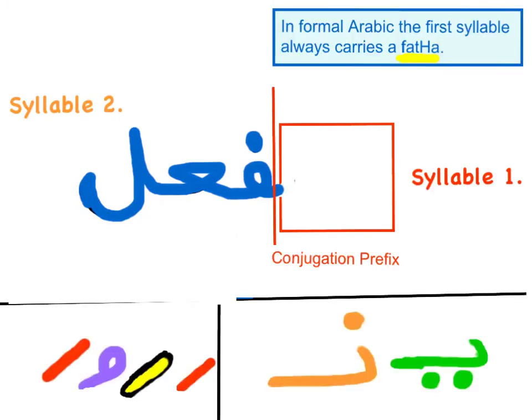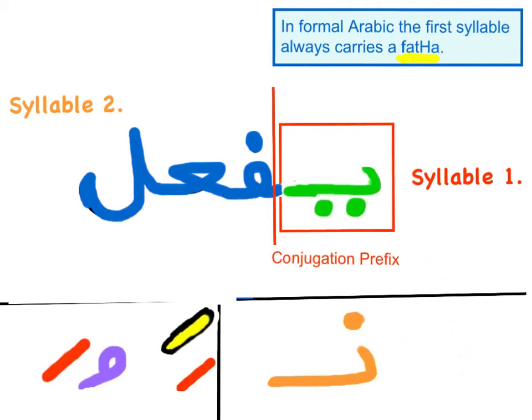So let's take a look at form 1. As you can see, it has 2 syllables. The first syllable has the conjugating prefix such as ya, and it also always starts with a fatha.